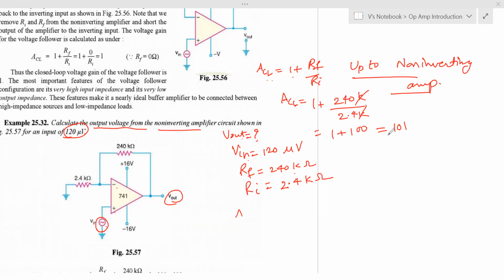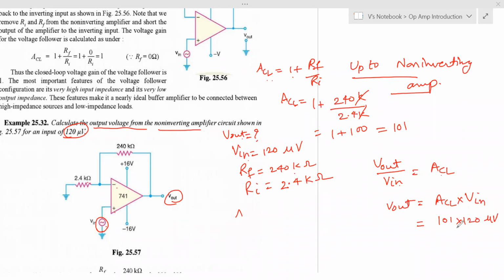Once you have calculated the gain, it is easy to calculate the output, because Vout upon Vin equals the gain. If you know the gain and Vin, calculate Vout. So gain into Vin will be Vout. Substitute gain into Vin, which is 120 microvolt.